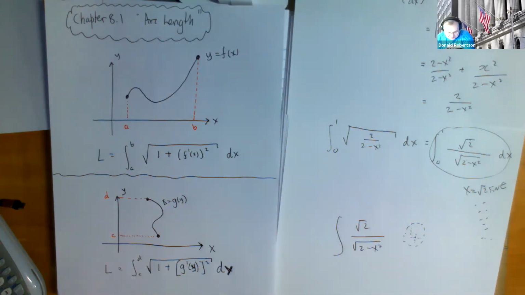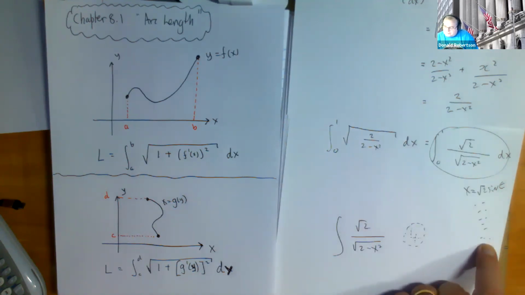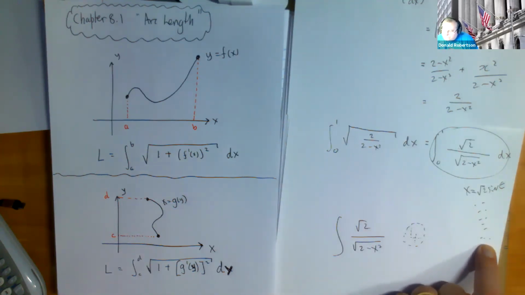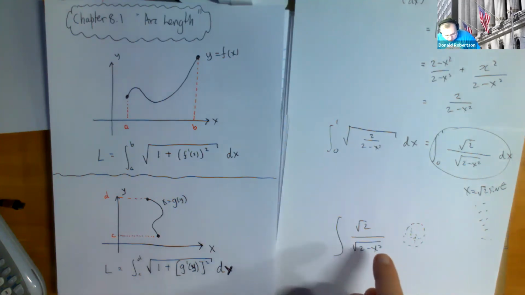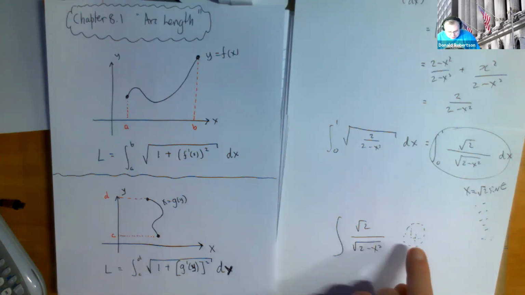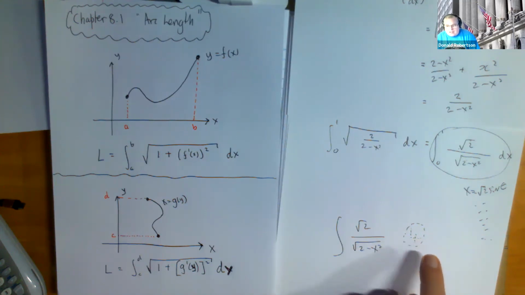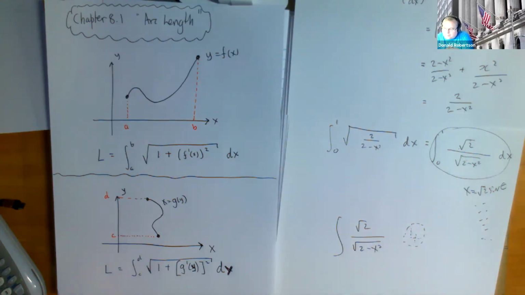Now, if this is a test question and you go this road, I'm totally happy. And if you screw up, but the method is right, you will get a lot more points. If you use this method, but you screw up, you won't get anywhere near as many points.